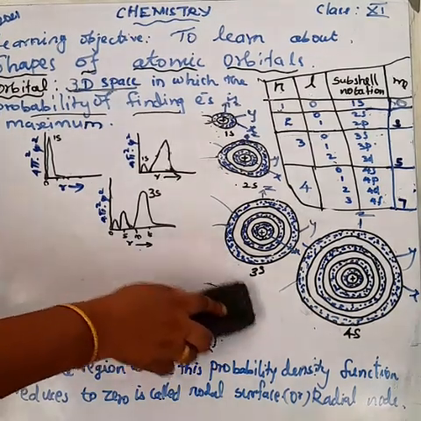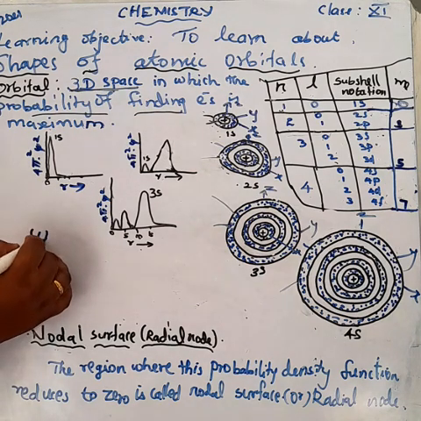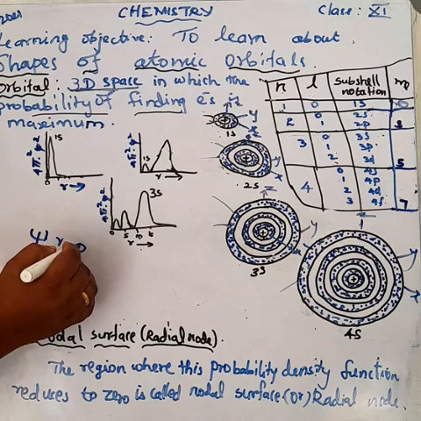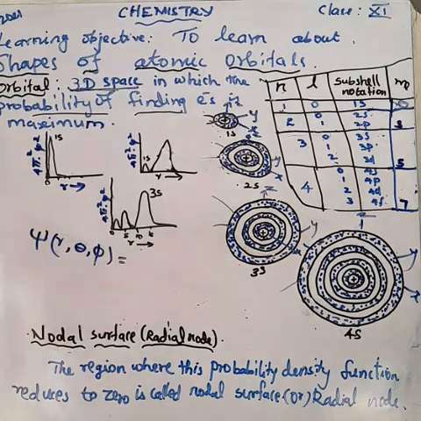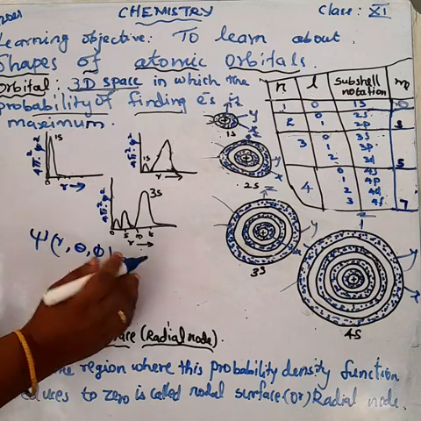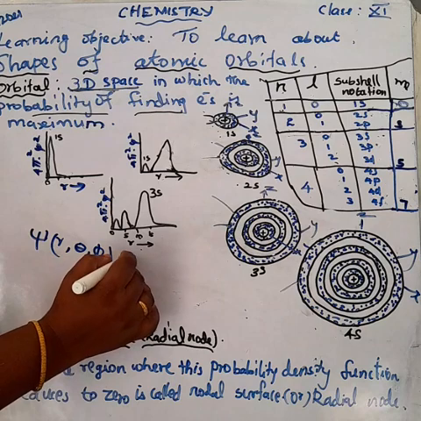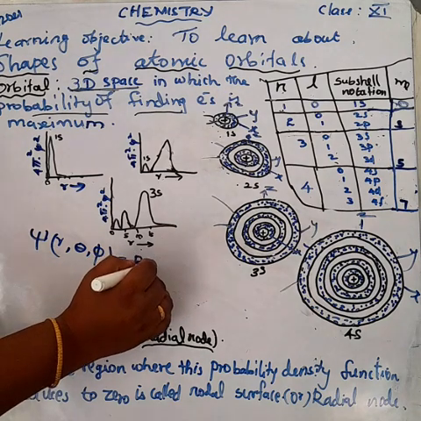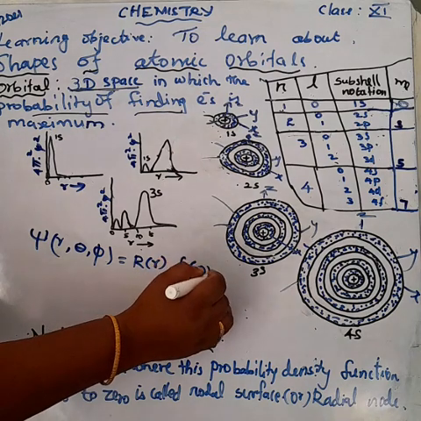So in three-dimensional space, psi of r, theta and phi is equal to a product of functions: R of r, f of theta and g of phi.